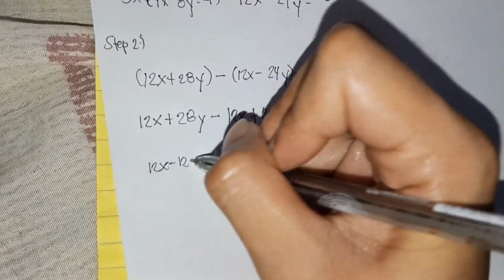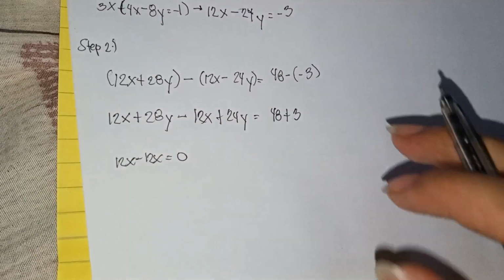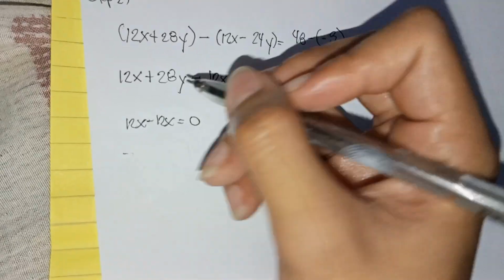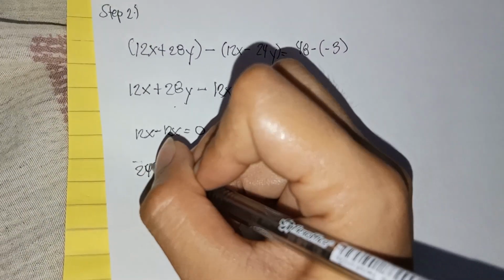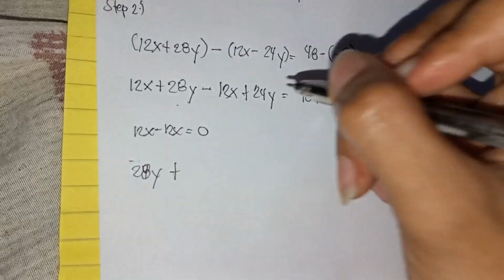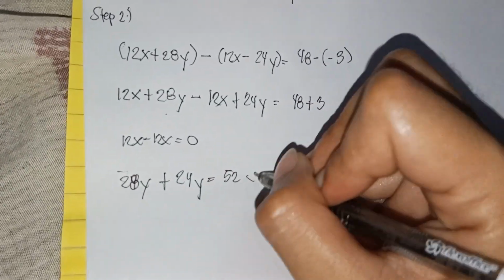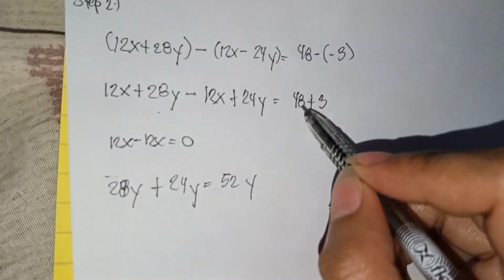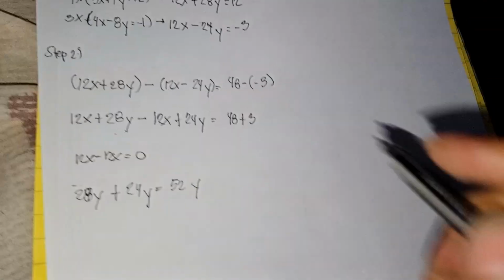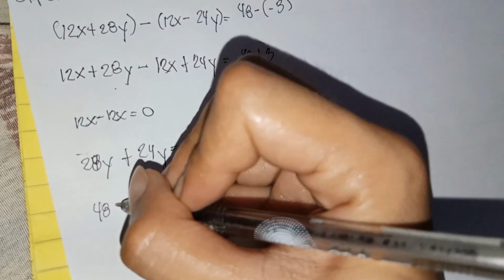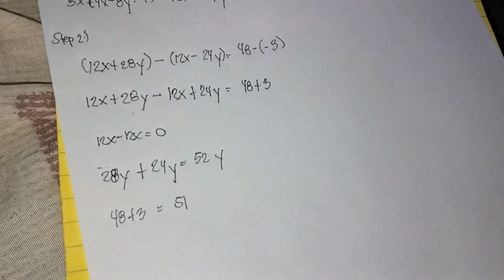12x minus 12x equals 0. So the x cancels out completely. Then we have here the remaining 28y plus the 24y equals 52y. Then we're going to combine 48 plus 3 equals 51.